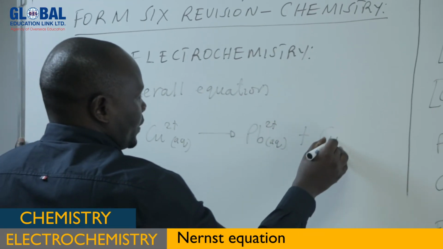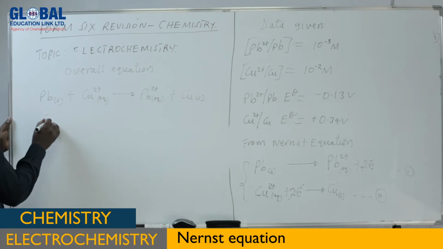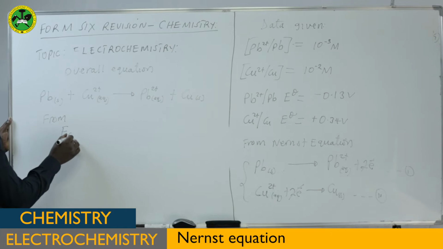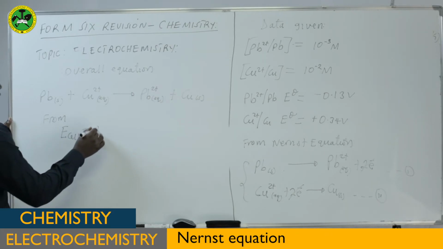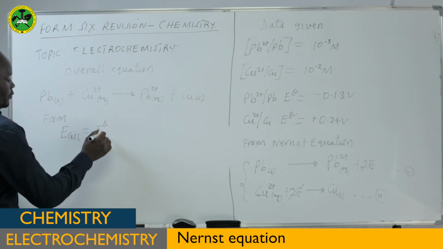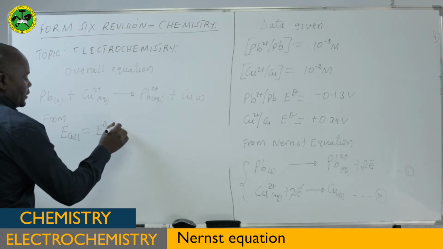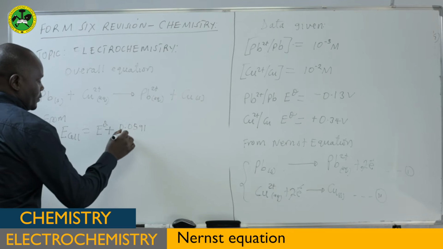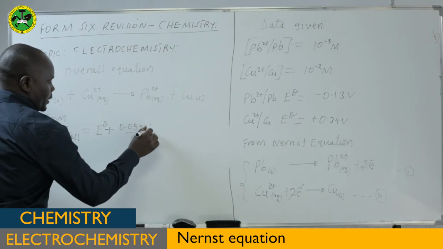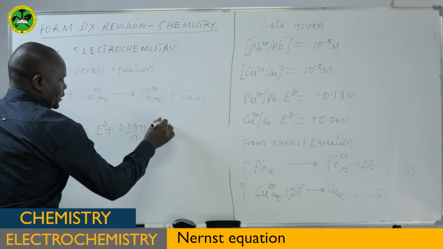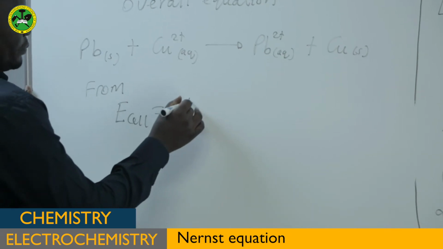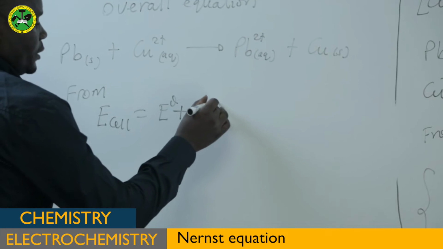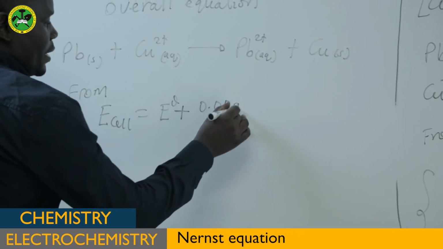Now from the next equation, the EMF of a cell is equal to the standard electrode potential of the cell, plus 0.0591 over n, then log of the concentration of reduced species over the concentration of oxidized species.